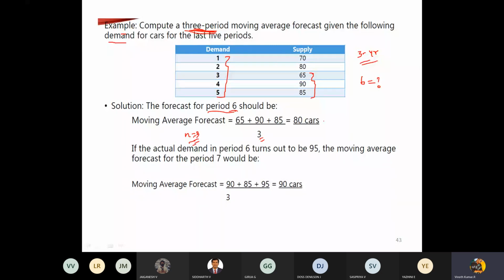Now is this 80 an even number or an odd number? It is purely an even number, right?